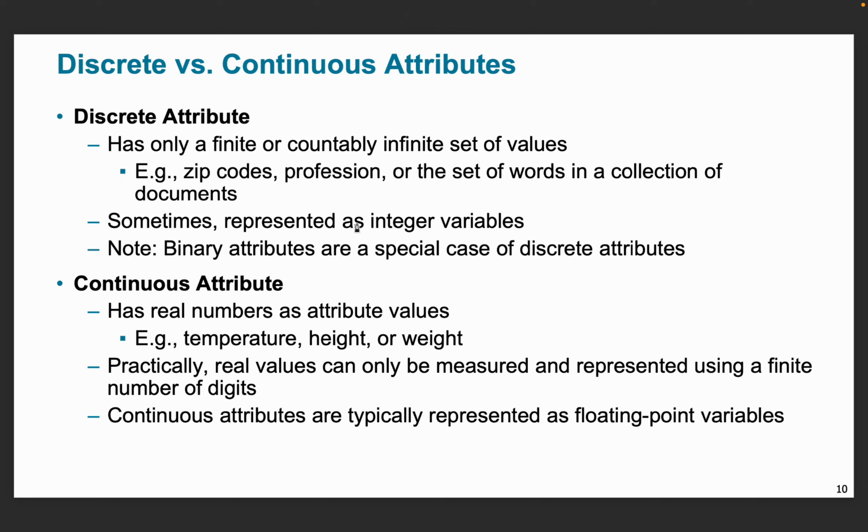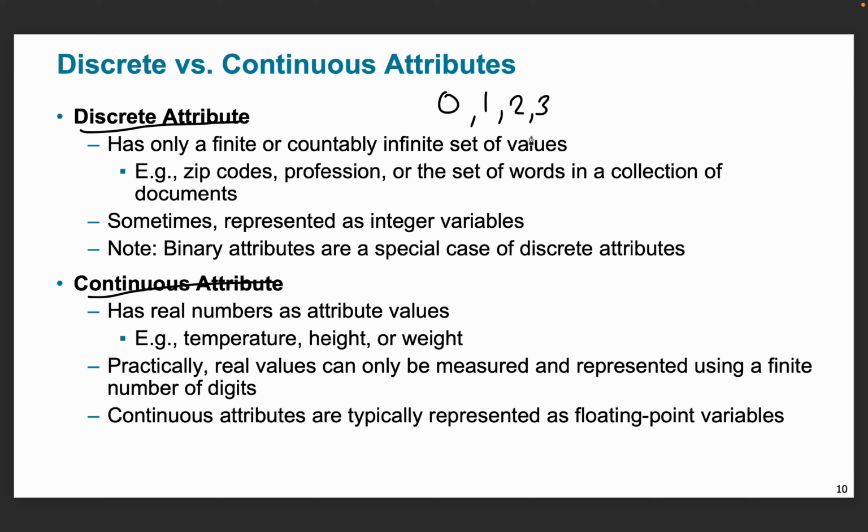So there are different types of attributes: discrete attributes and continuous attributes. A discrete attribute has only a finite or countably infinite set of values, for example 0, 1, 2, 3, 4, which we can count.